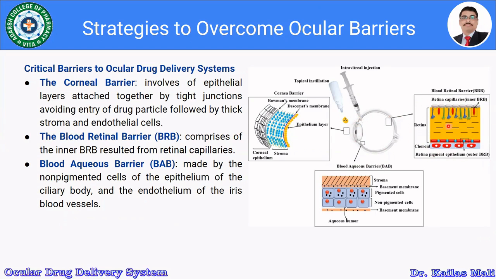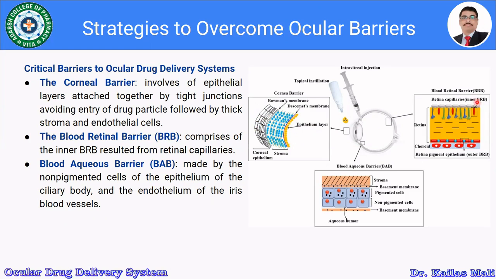The corneal barrier involves epithelial layers attached together by tight junctions, avoiding the entry of drug particles, followed by the thick stroma and the endothelial cell.